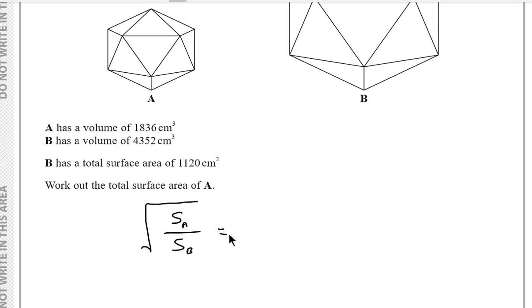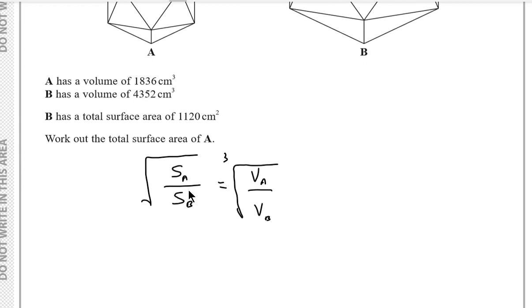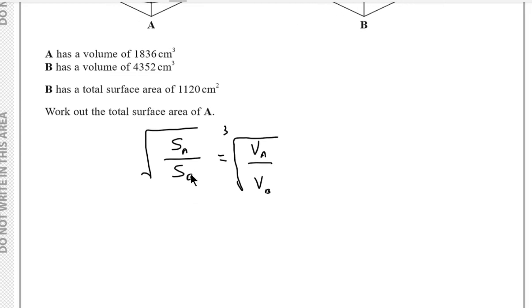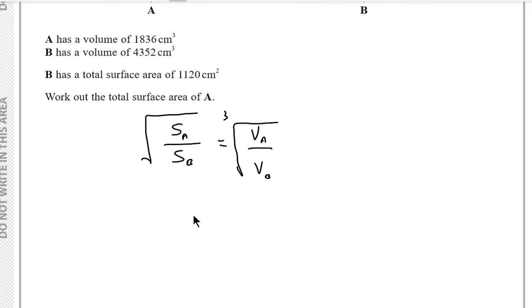This is equal to volume of A divided by volume of B. You must arrange the right hand side as you arrange the left hand side: A is above and B is below. The volume is with centimeter cubed, so I should get the cubic root. Just substituting to get the value of SA, it will be as following.